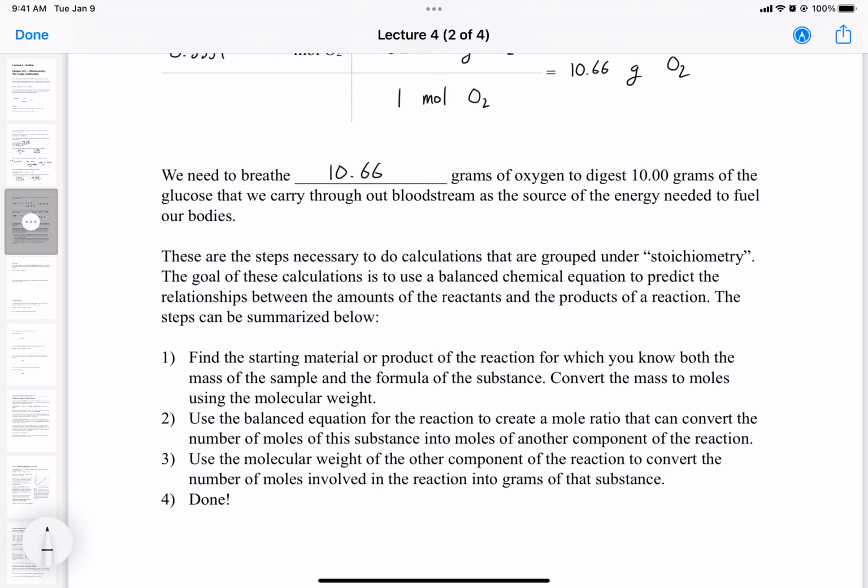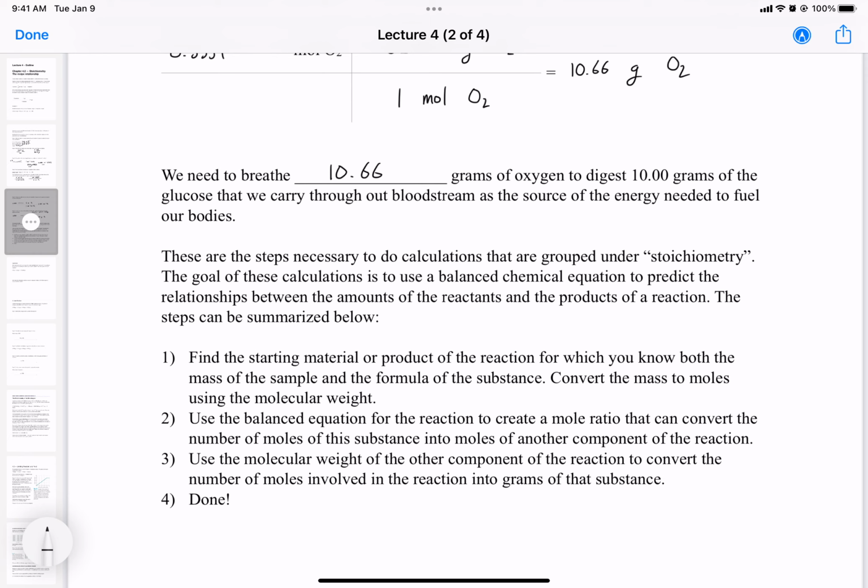So then we use the balanced chemical equation to figure out the mole ratio from one reactant to another reactant, or from a product to a product, or from a reactant to a product. So we'll use that to determine how many moles of a certain chemical species we're trying to find out.